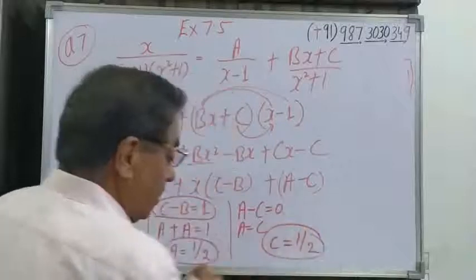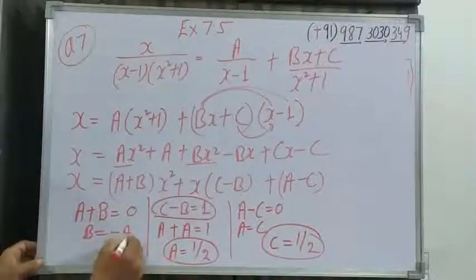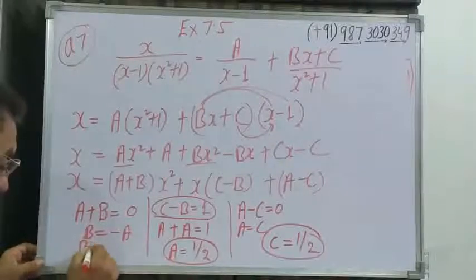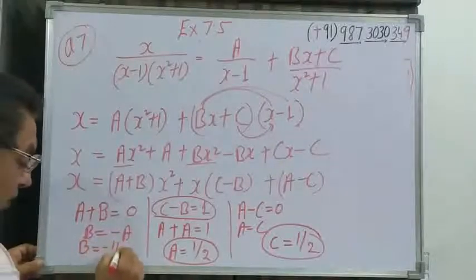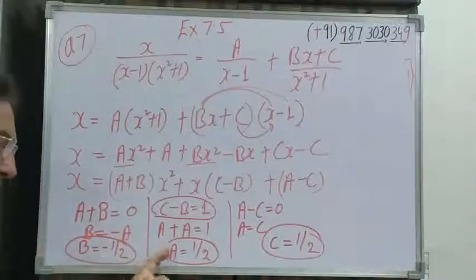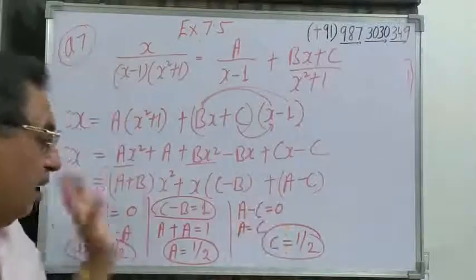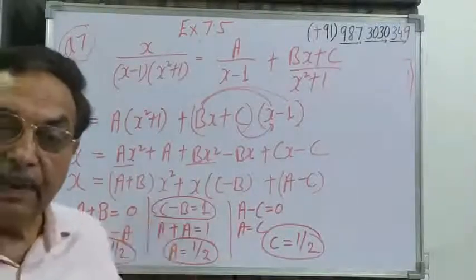I got the value of c also. Now let us go for the value of b. b is minus a, so that means b is equal to minus 1 by 2. So this is the way we got the values of a, b, c. All the three values from the three equations, we are able to find out.